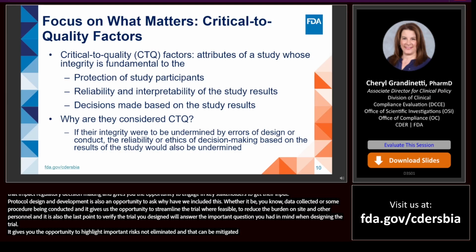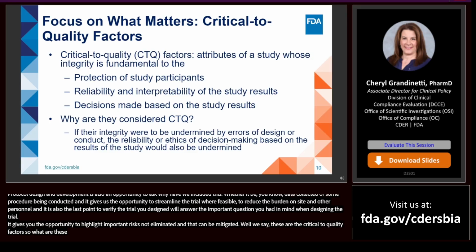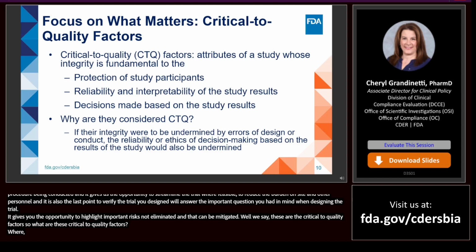So we say that you should avoid errors that matter. And what errors matter? Well, they are the errors that impact your study's critical to quality factors. So what are these critical to quality factors? Well, ICH E8R1 defines them as attributes of a study whose integrity is fundamental to the protection of study participants, the reliability and interpretability of the study results, and the decisions made based on the study results.